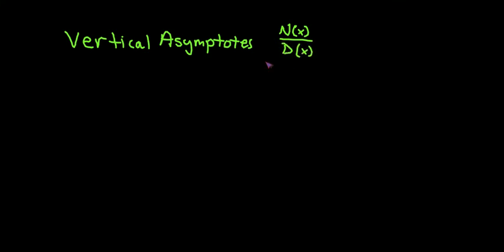For our vertical asymptotes, what we're going to do is set our denominator equal to 0. So basically, we're finding our domain. Whatever values of x give us 0 for the denominator, those are vertical asymptotes. Pretty simply put. Alright, horizontal asymptotes, not quite as clear cut, because there's 3 separate rules that we're going to deal with.